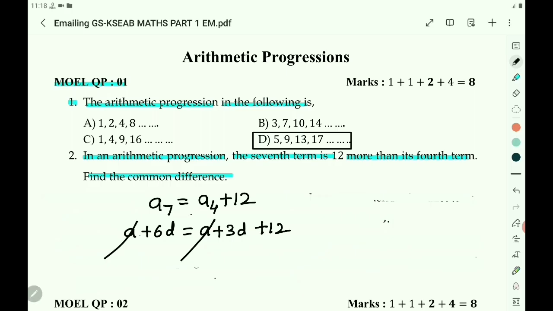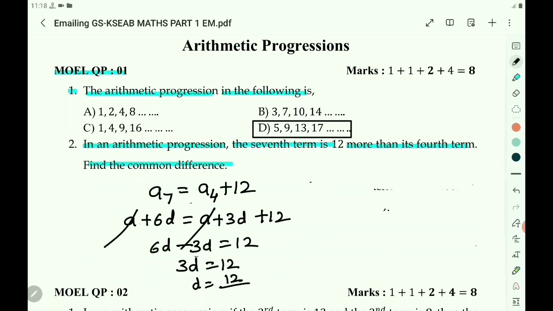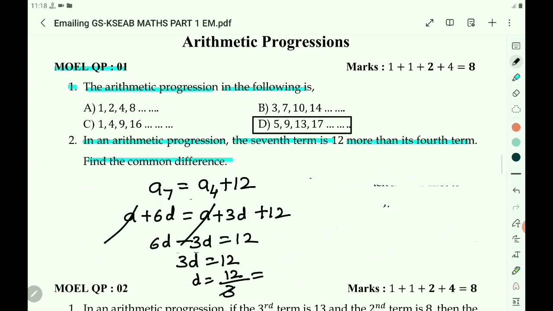Then you take D together. 6D minus 3D equals 12. 6D minus 3D is 3D equals 12. D equals 12 by 3 equals 4, since 3 fours are 12. You got it, therefore you write D equals 4.